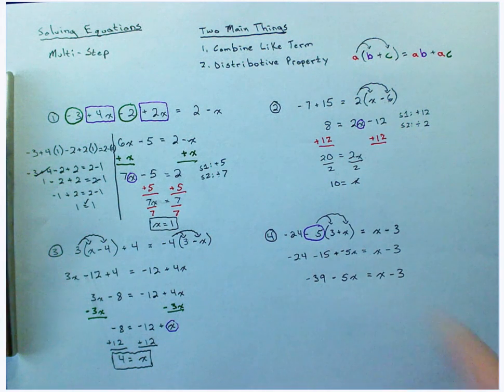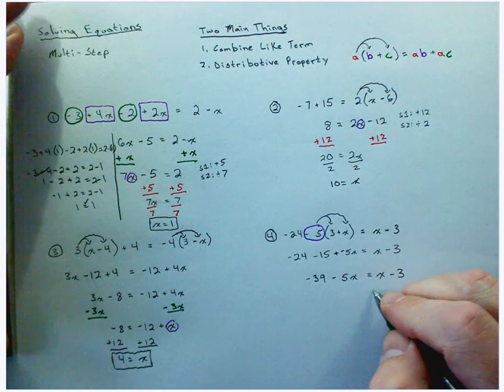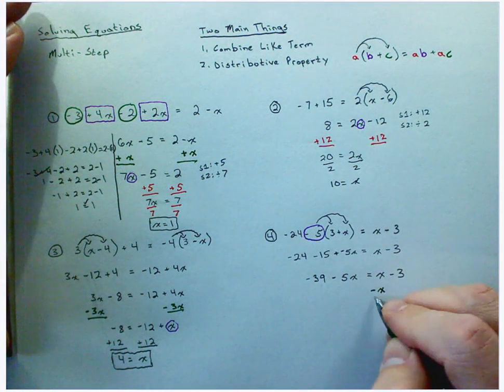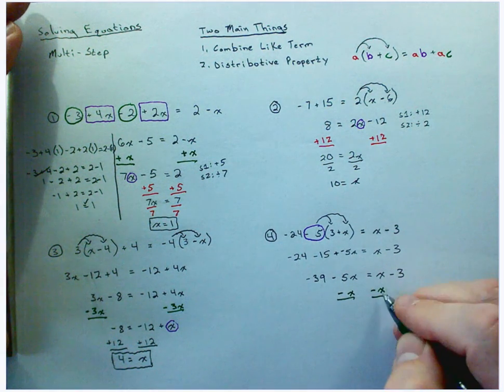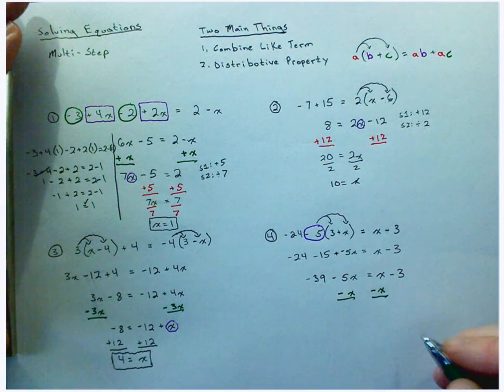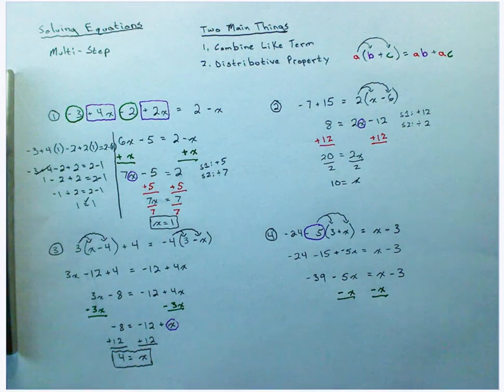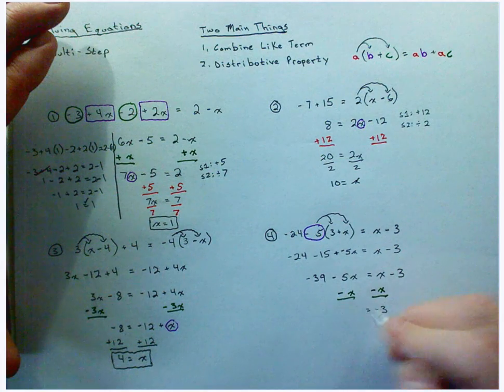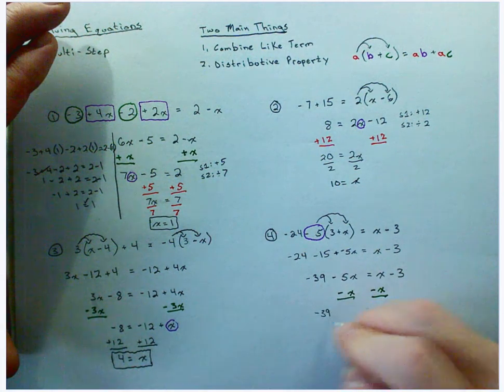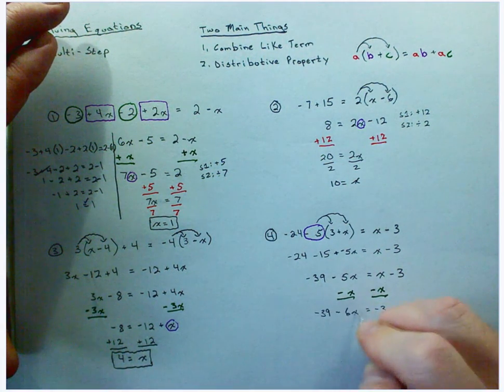I need to get x on one side. So I'm going to say minus x, minus x. This will make a 0. I'm moving this x over to this side. This becomes 0, so I'll just drop my negative 3 down here. And this becomes a negative 39 minus 6x.